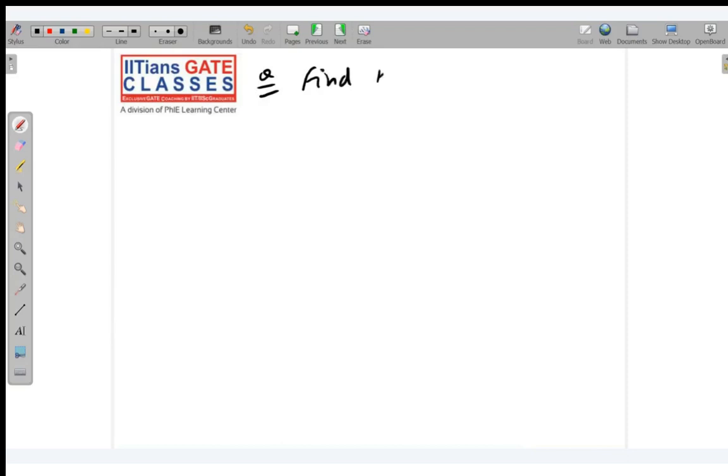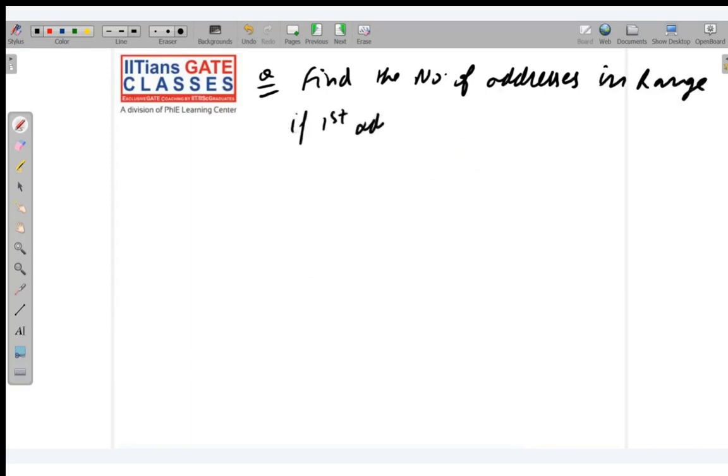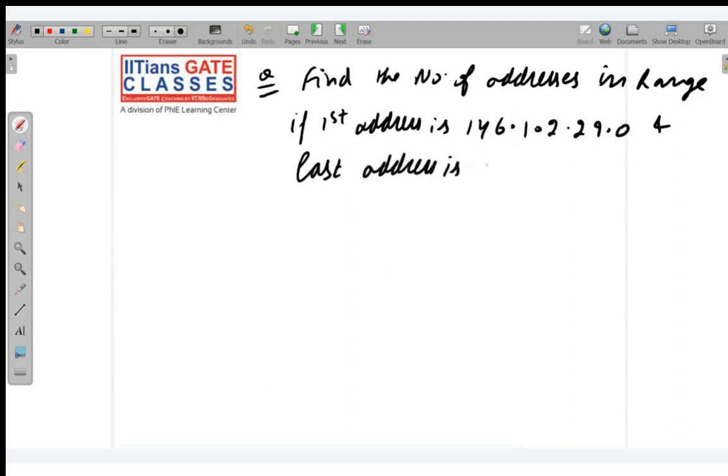Find the number of addresses in range if the first address is 146.102.29.0 and the last address is 146.102.32.255.